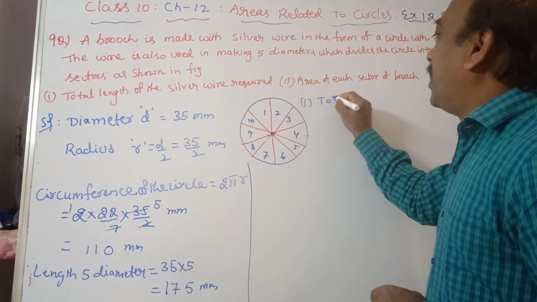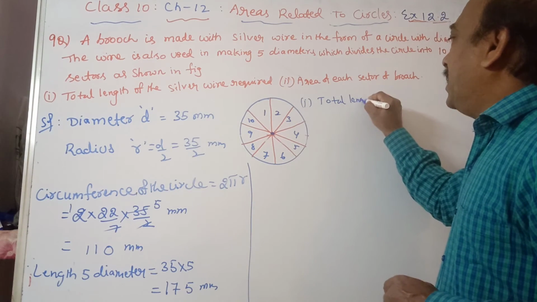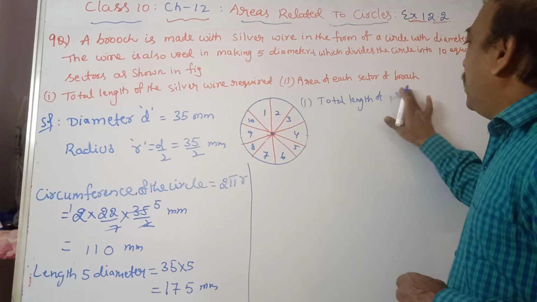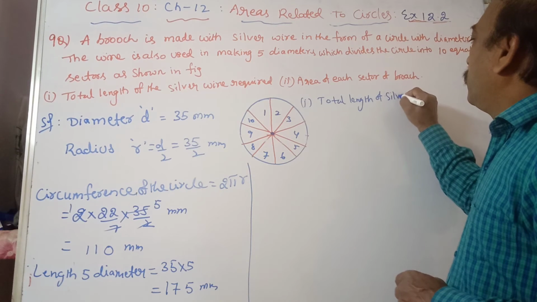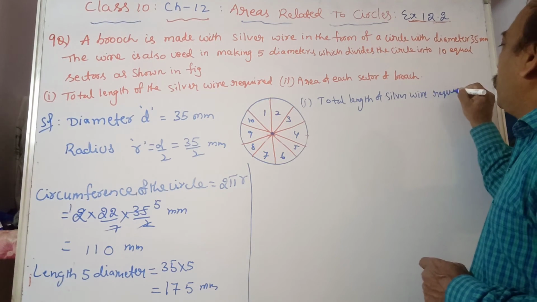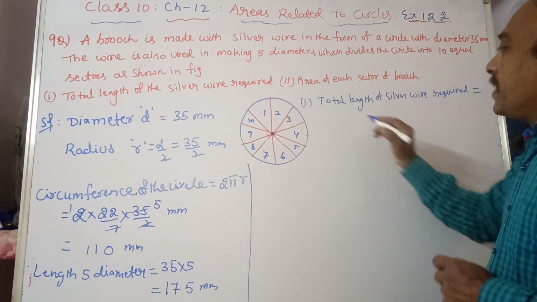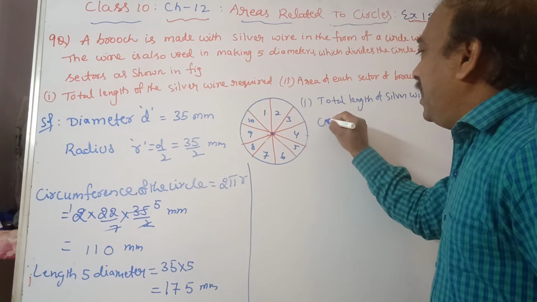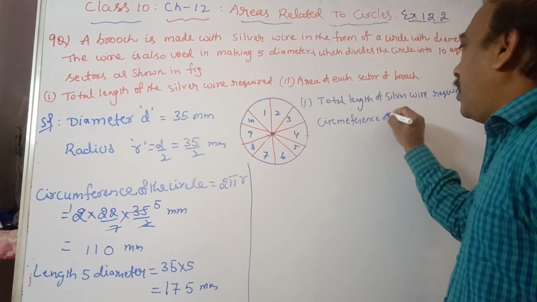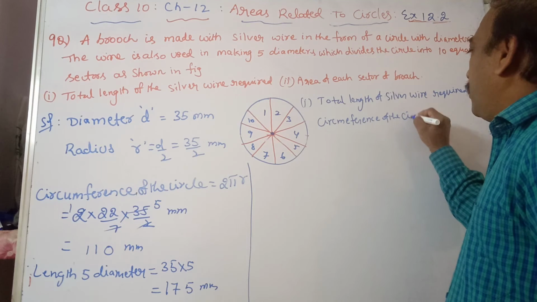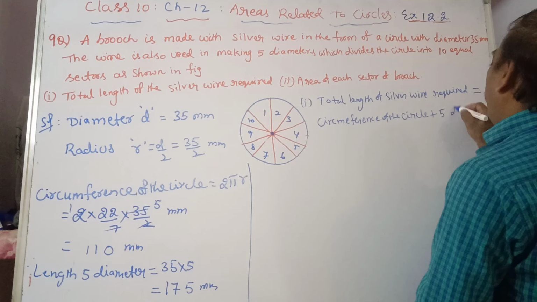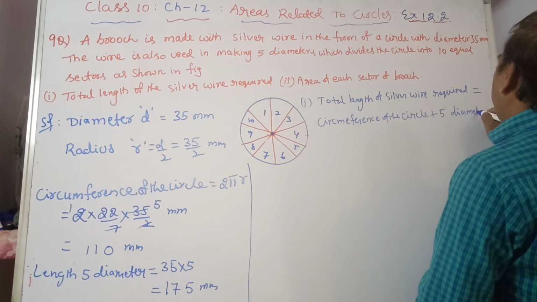So total length of silver wire required is equal to circumference of the circle plus 5 diameters.